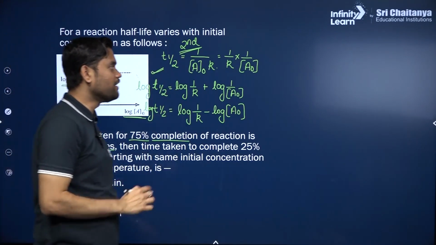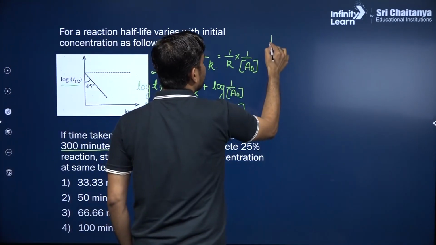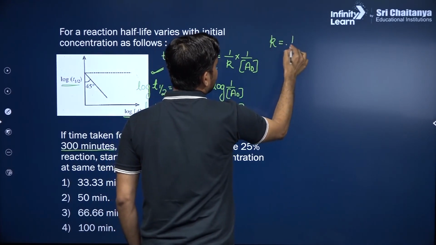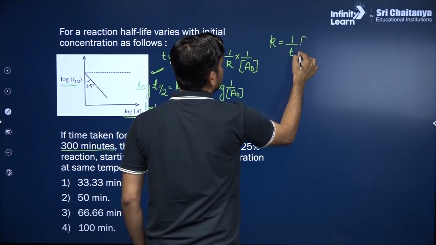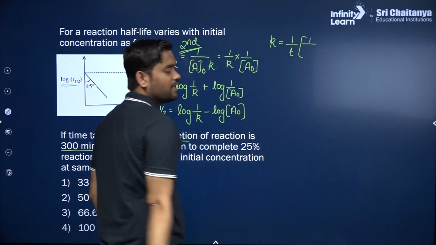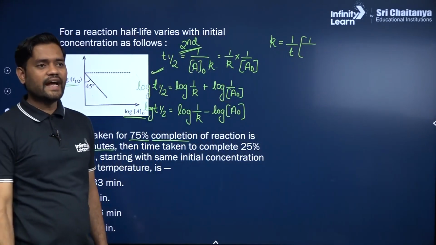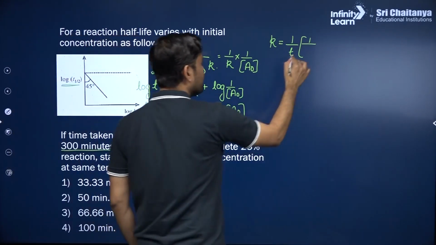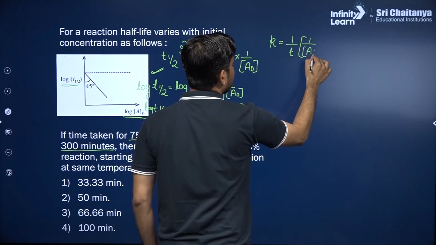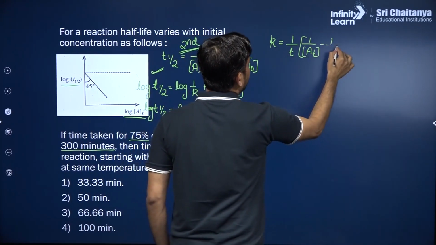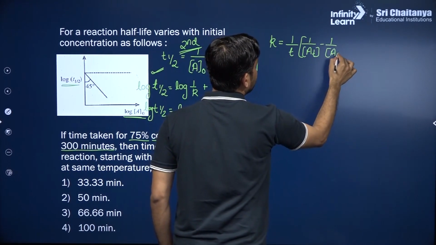For a second order equation, we have the rate constant K equal to 1 by T, into 1 by the concentration of the reactant at any time minus 1 by the concentration of the reactant, that is the initial one.